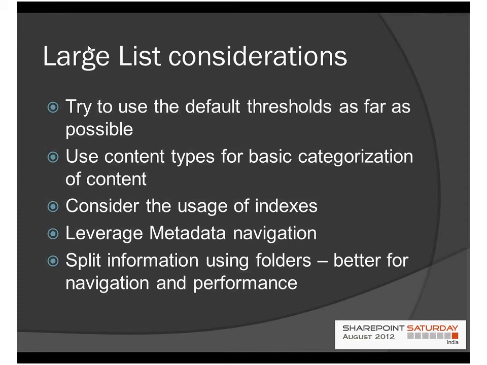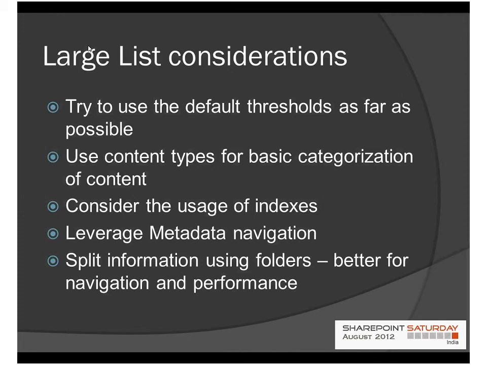Leverage content types. If you have a list with a huge number of items, in some cases most of them would be of the same type, but in quite a lot of cases it would be feasible to separate the content making use of different content types. Using different content types helps in a couple of ways.